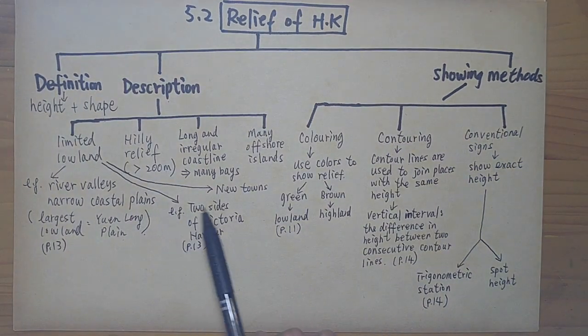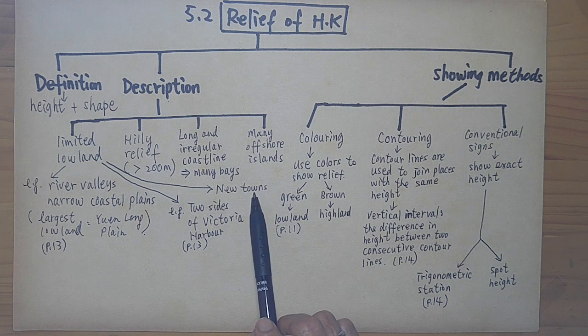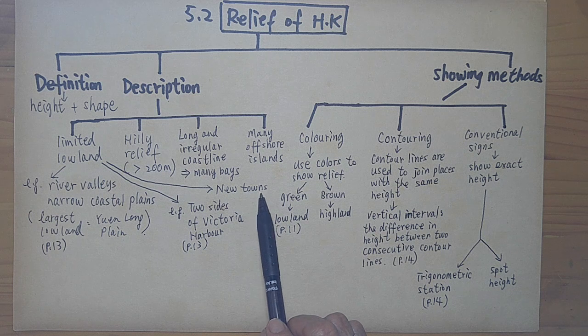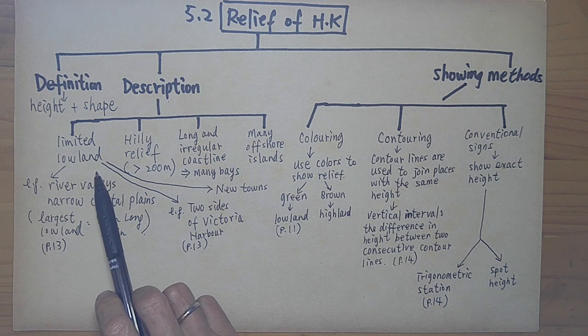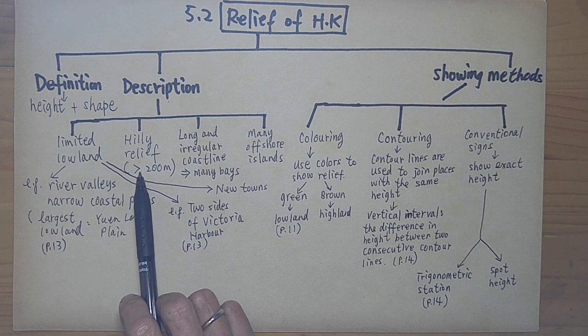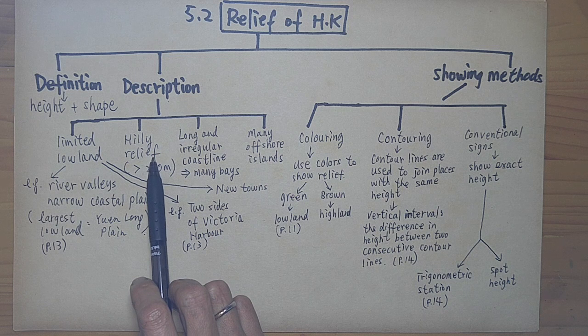And then also in new towns. So in Hong Kong we have 9 new towns, and then for the new town mostly the land refer to the lowland. Now, beside the lowland, most of our land belongs to hilly relief.